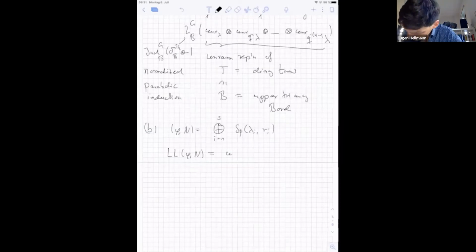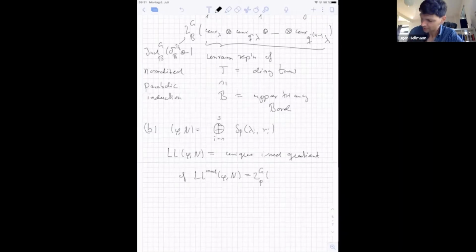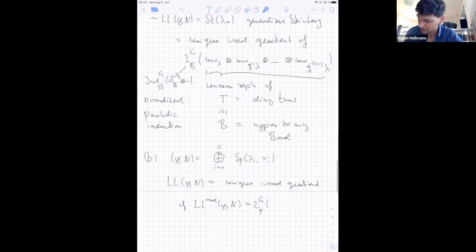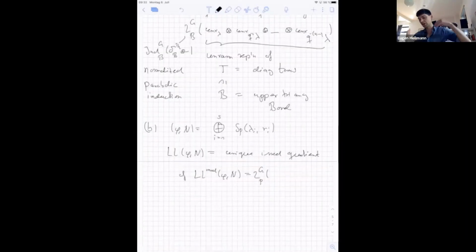You take again a unique irreducible quotient of a representation that will also occur quite frequently in the following, which is called the modified local Langlands correspondence. And again, this is an induced representation. Namely, for each of these lambda i, n i, you have the corresponding generalized Steinberg representations. This one, which you can view as a representation of the block diagonal matrices and then induce further.